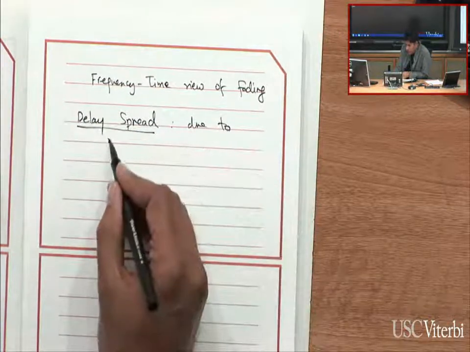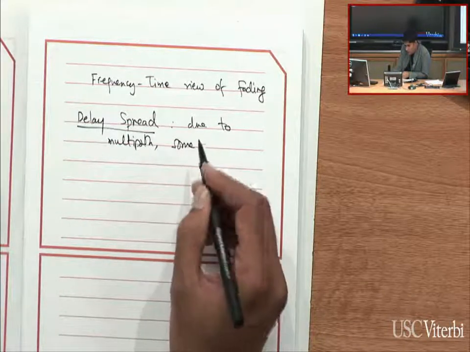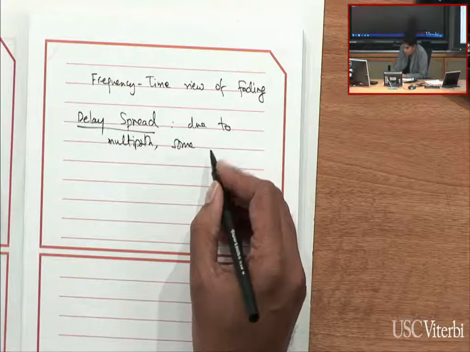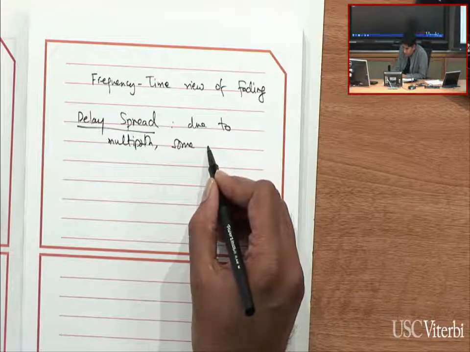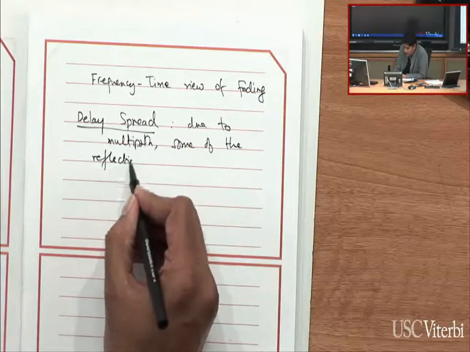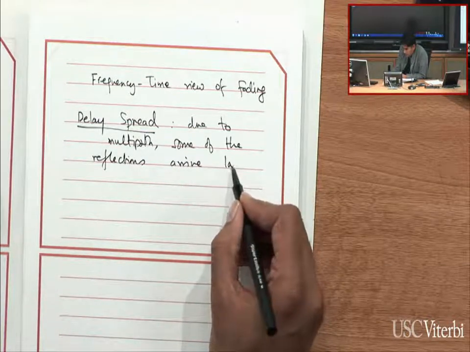Due to multipath, some of the reflections arrive late.